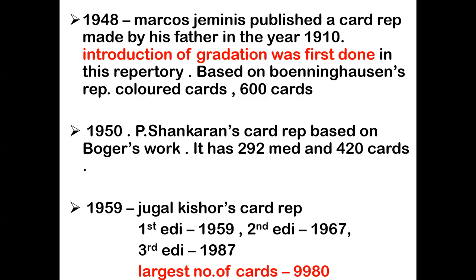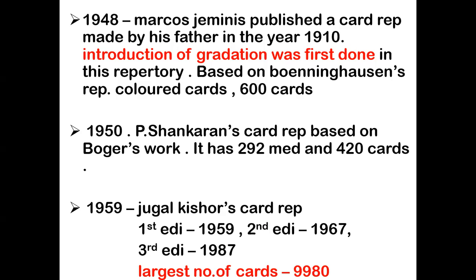Now in 1959, Jugal Kishore's card repertory. It's again important because this Jugal Kishore card repertory has 3 editions: the first edition in 1959, the second edition in 1967, and the third edition in 1987. It has the largest number of cards, that is 9980.